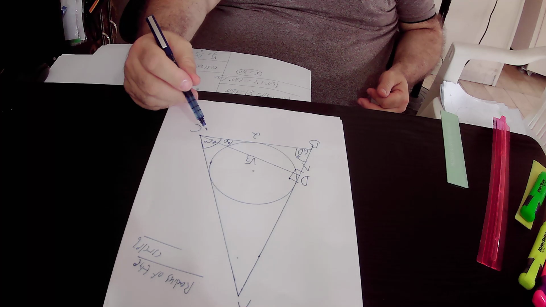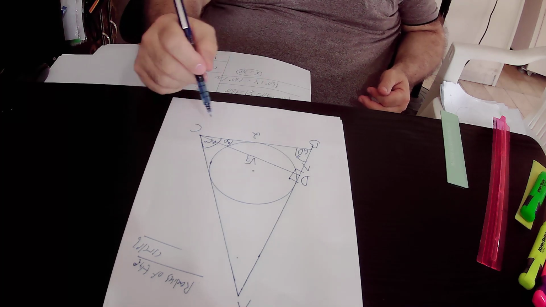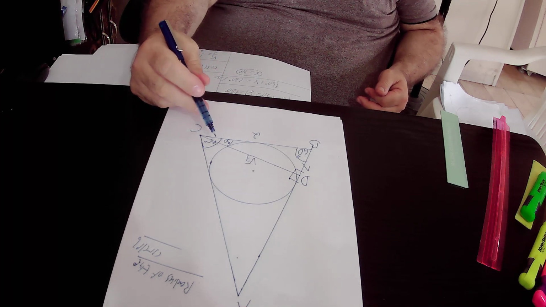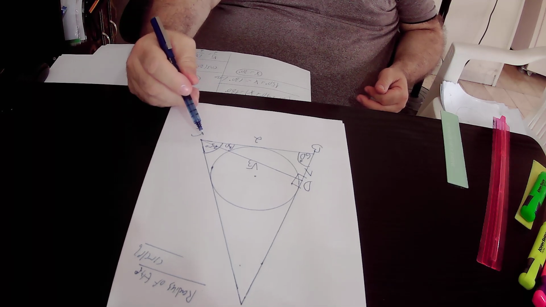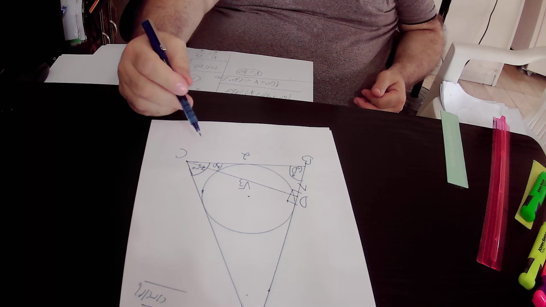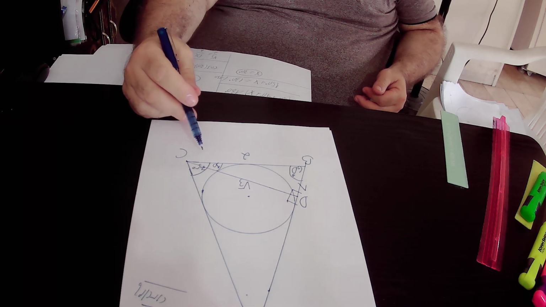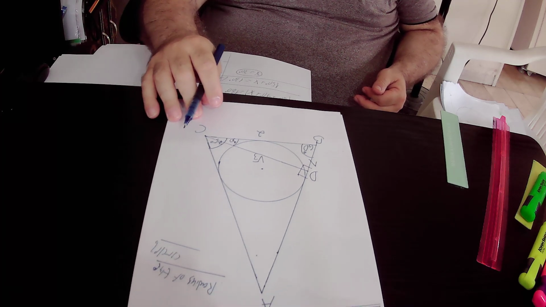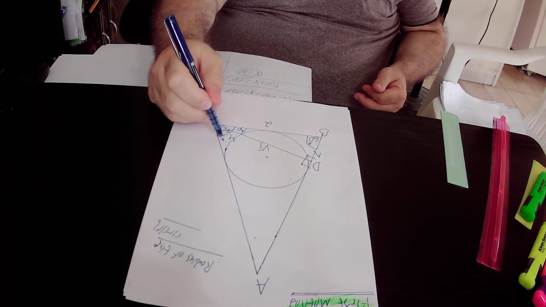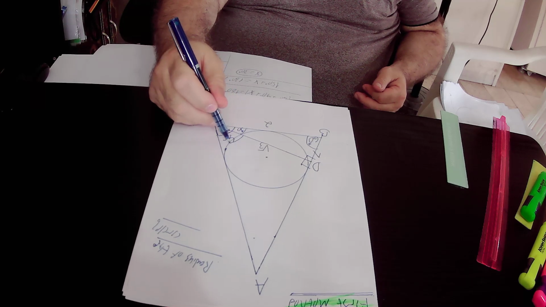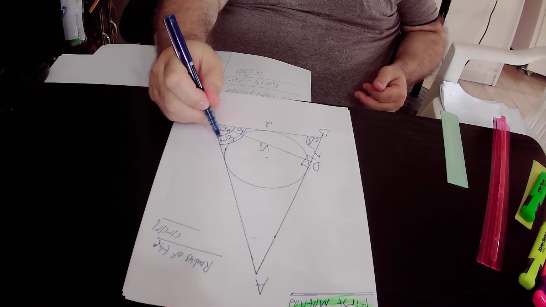Therefore, if we subtract angle DCB from angle ACB, we'll get this angle, angle DCA. So here angle ACB equals 75 degrees, angle DCB equals 30 degrees. 75 degrees minus 30 degrees equals 45 degrees. Okay, we found out that this angle equals 45 degrees.